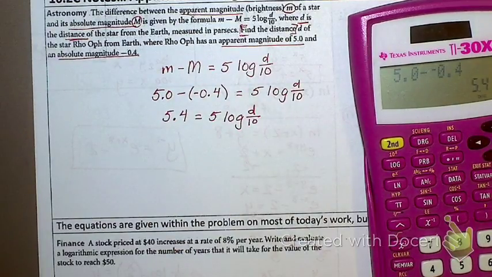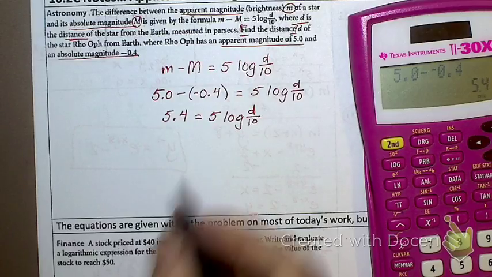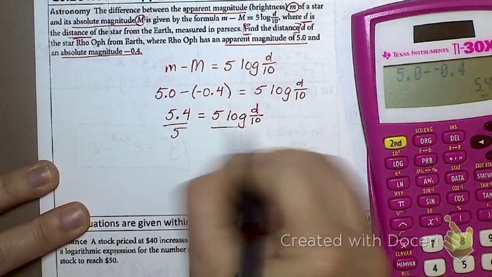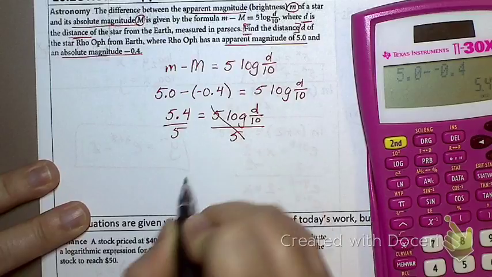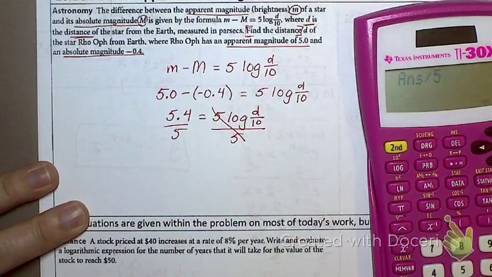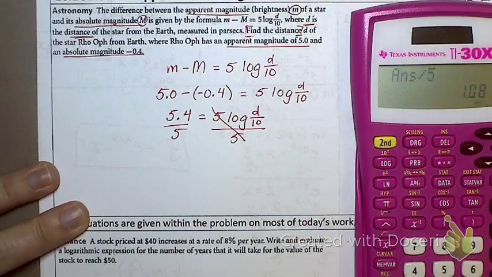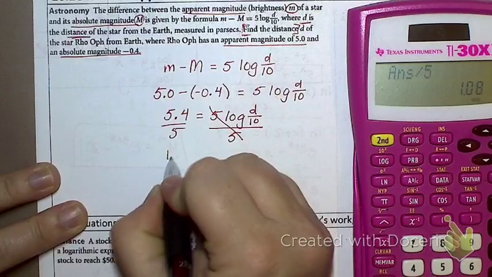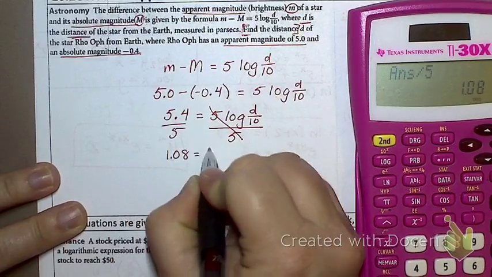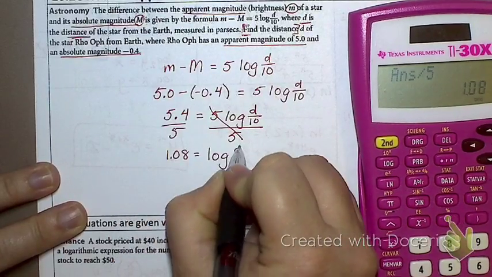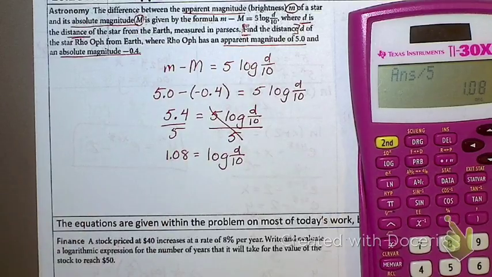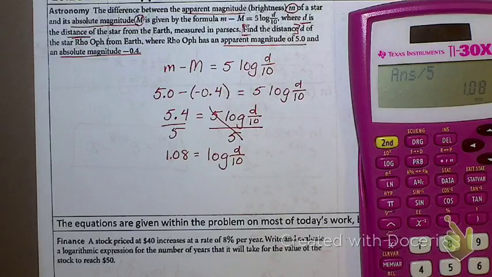Now what do you think I can do? Divide by 5. What is 5.4 divided by 5? 1.08 is equal to log d over 10. So again, I'm trying to find d. I now have the log by itself, but the d is still stuck in the log. So how do I get it unstuck? Change it to exponential form.